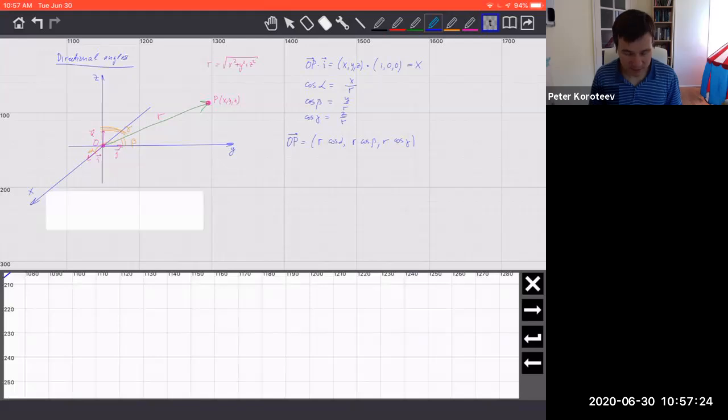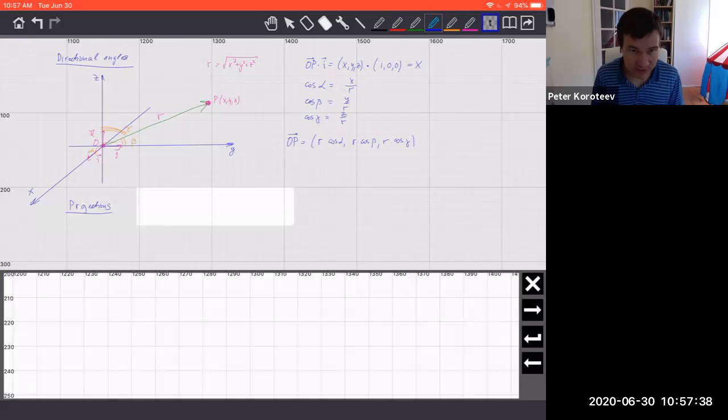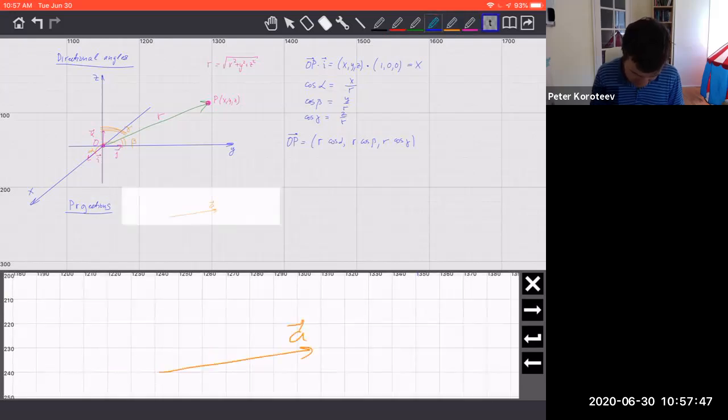Now, another useful tool is to calculate projections. I already showed you one example. Say you have a vector A, and then there's a vector B, which goes this way. If you form this right triangle between A and B, you want to calculate the length and also the vector which appears in this right triangle.